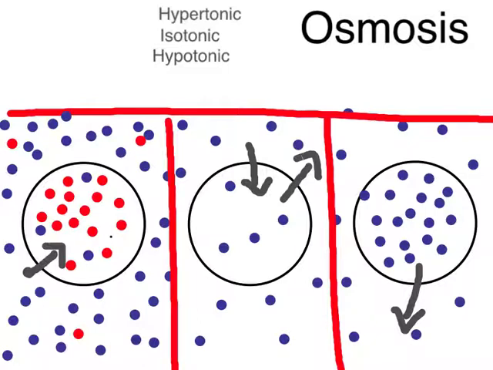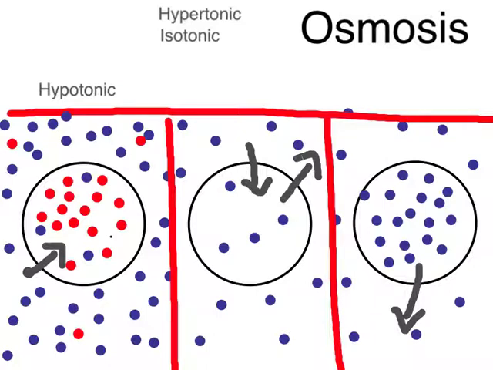Now we have a special term to describe this. When the concentration of the dissolved good stuff is very low outside of the cell, we say that it is hypotonic. Hypo meaning below or low, like a hippo sinks low.